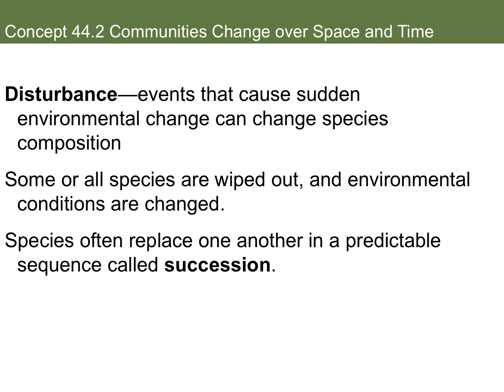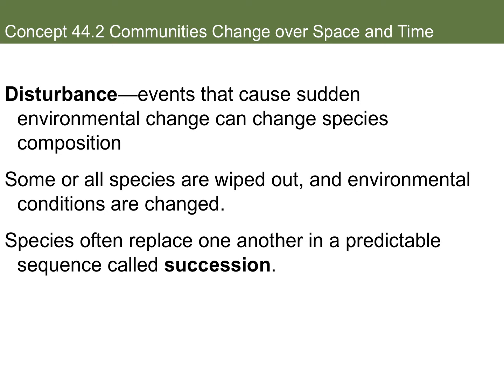So anytime there's a change to a local ecosystem, we call it a disturbance. Disturbances are anything that can cause species to be suddenly limited in their resources, and so it causes a change in the makeup of the community. Sometimes some species are wiped out, sometimes all species are wiped out.